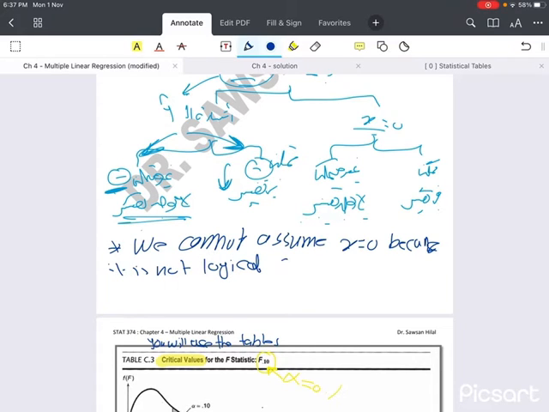So no practical interpretation. This will be the answer. We said x equal to 0 is not possible in our exercise, so we write we cannot assume x equals 0. Why? Because it is not logical, so no practical interpretation.